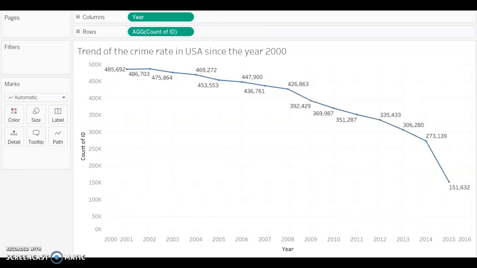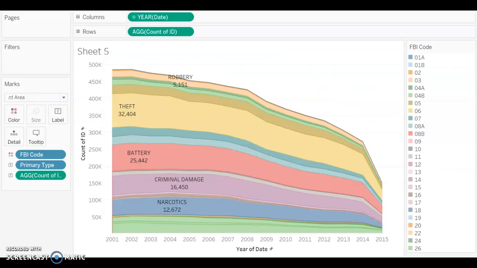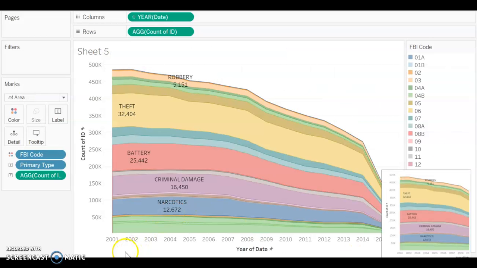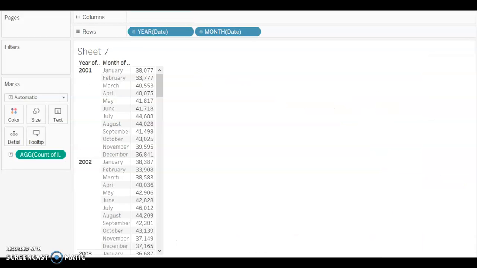Here is the trend, the rate. Here comes year, date versus count of the ID. And here it shows trends. Beautiful graph. And here it is, year-wise count of ID.